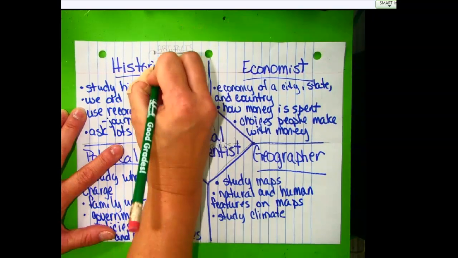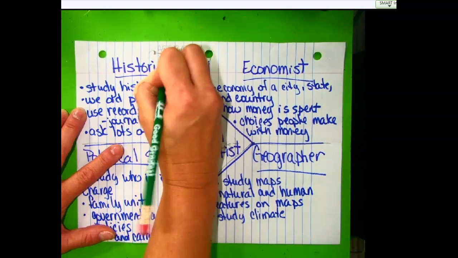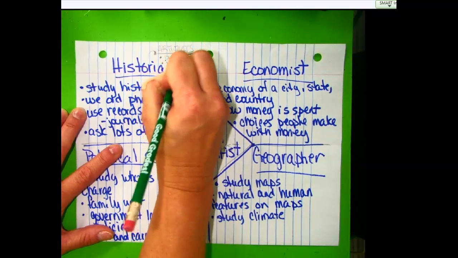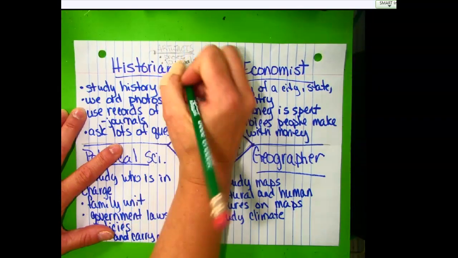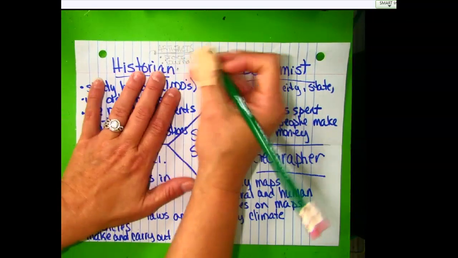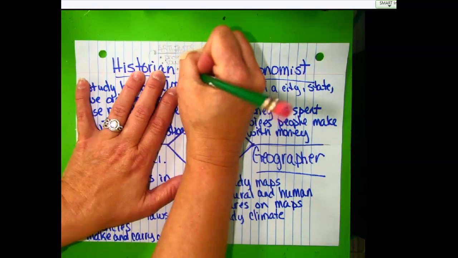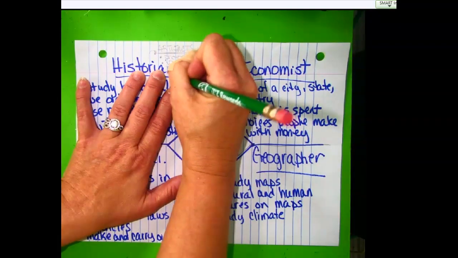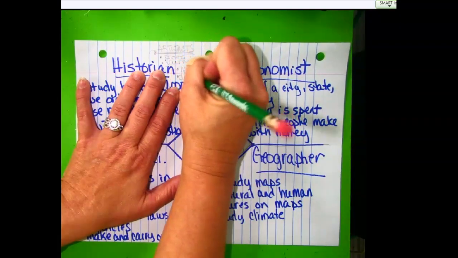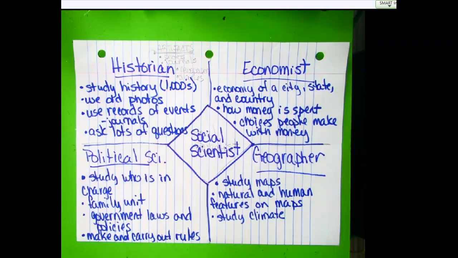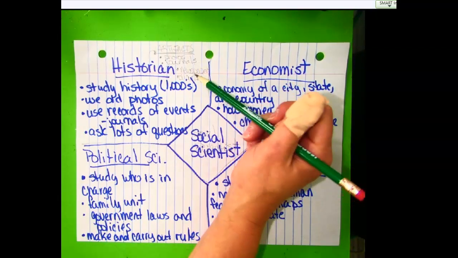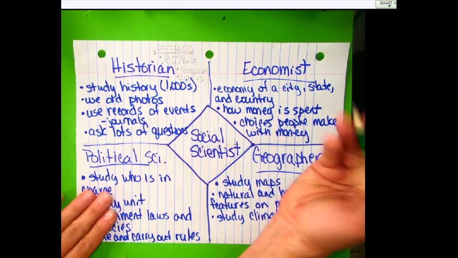Some artifacts, we've already listed some, would be photos, journals, how about newspapers, old diaries. These are just a few artifacts that historians might study. So again, that was photos, journals, newspapers, and diaries.